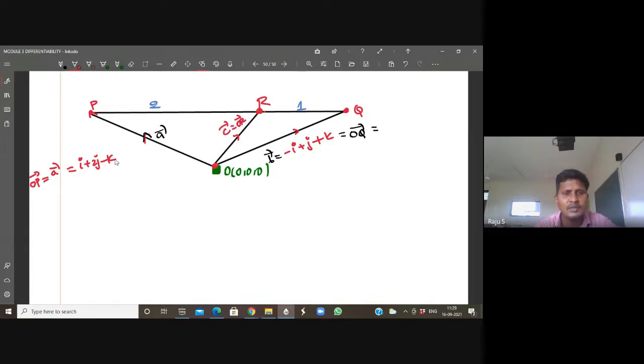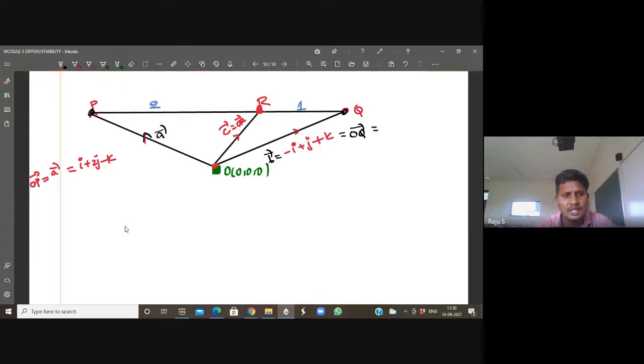So OP is given, OQ is given, and we need to find OR. For that, this point R divides the given two points in the ratio 2 is to 1. I am explaining with the help of these figures, like OP, OQ, OR. So it is not at all difficult.